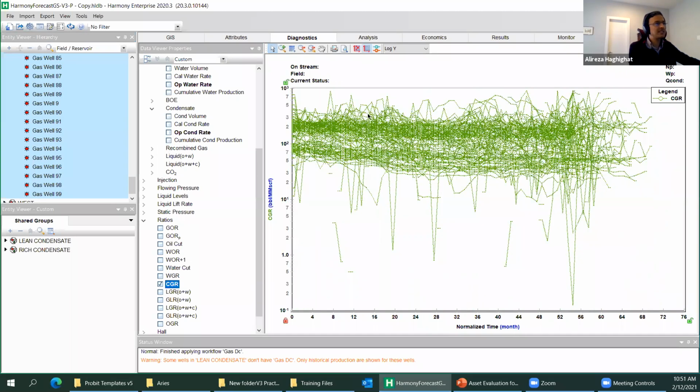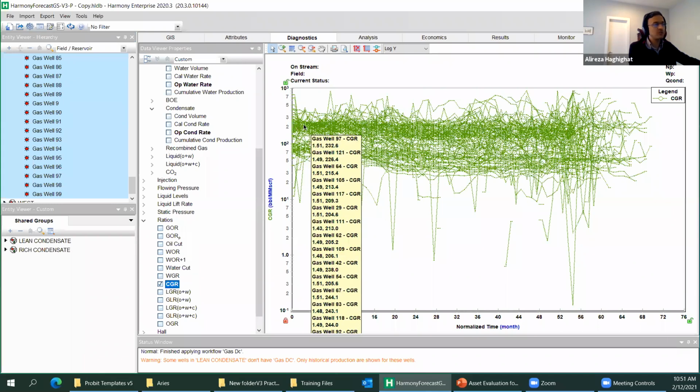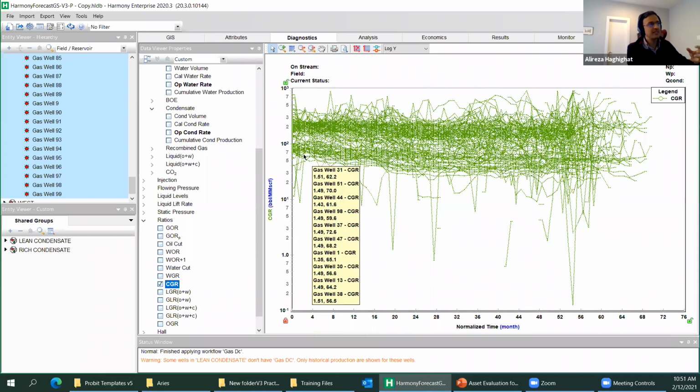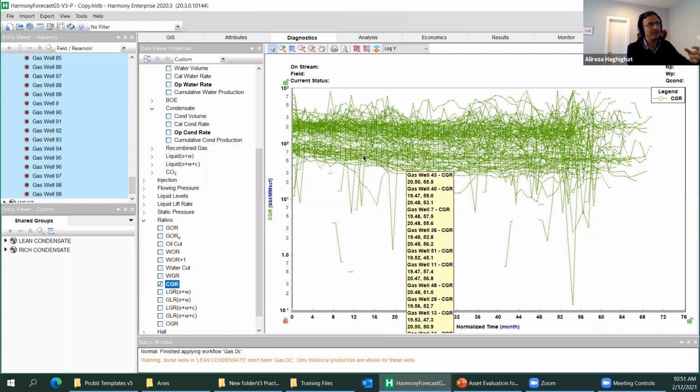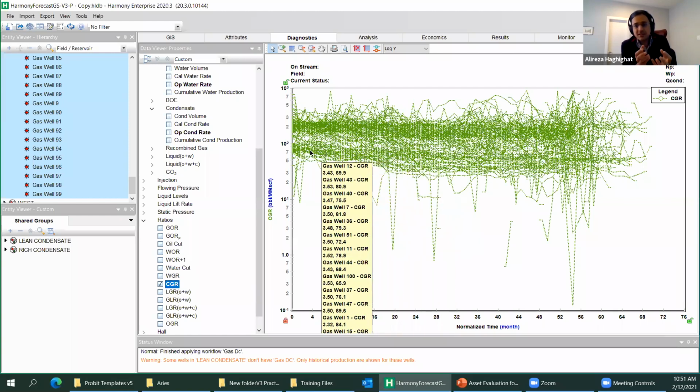So what you are seeing here is condensate to gas ratio versus time for all of these wells. Condensate to gas ratio tells you how much condensate your well is producing, too much condensate or a small amount of condensate. This is a function of your gas condensate PVT properties, or composition of your hydrocarbon.